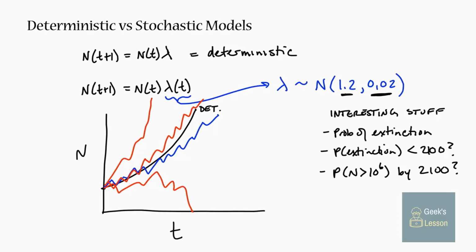And one other diagnostic difference between deterministic and stochastic models is that the endpoint of a deterministic model is just that, a single endpoint. Whereas for a stochastic model, your end result is going to be a distribution of possible endpoints.